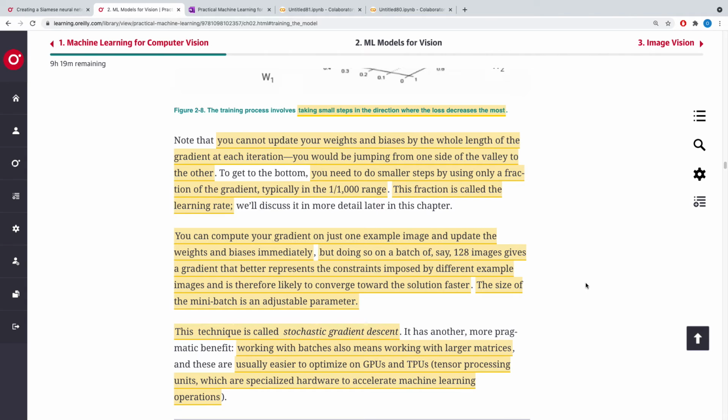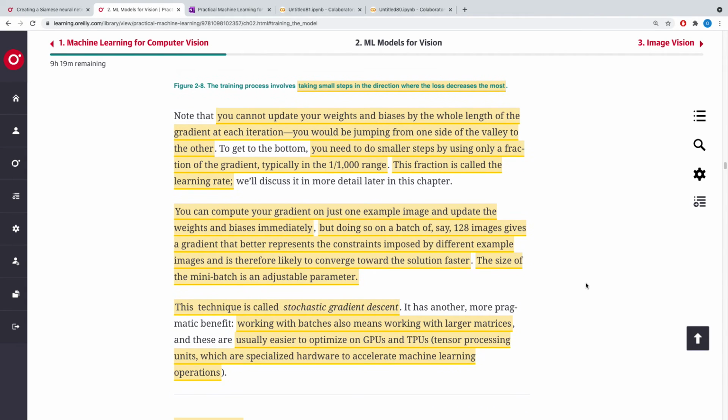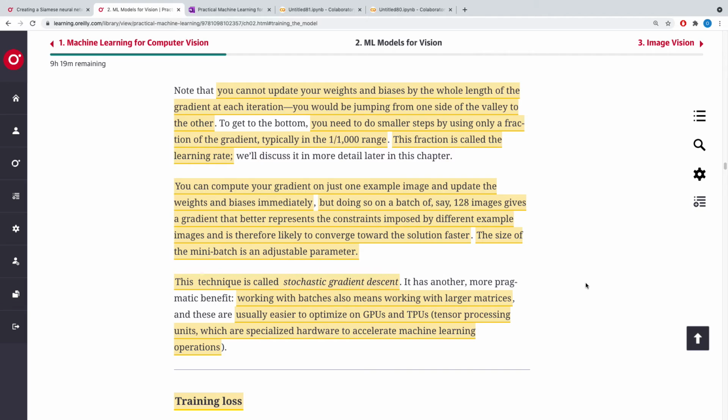So if you have a batch of images, say 128 images, it's recommended that you use a batch, because the batch gives you a gradient that better represents the constraint imposed by the different example images, and that is likely to converge towards the solution faster. What does that mean?